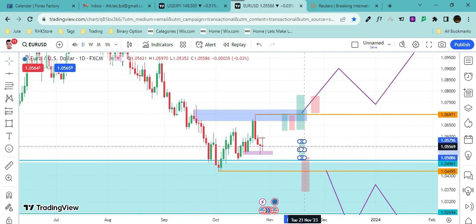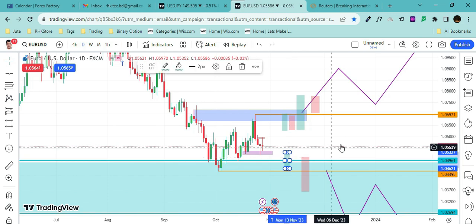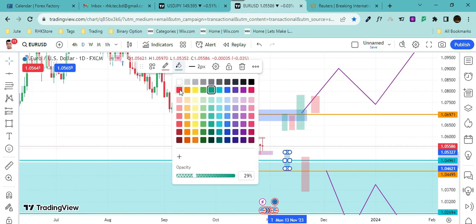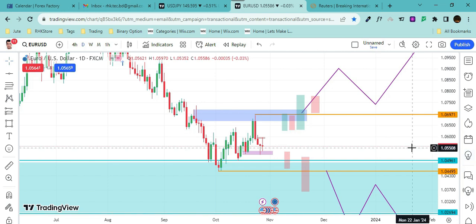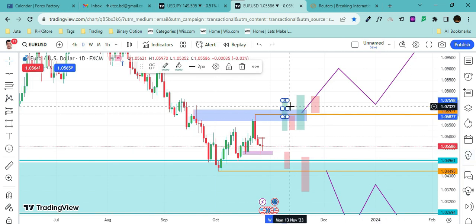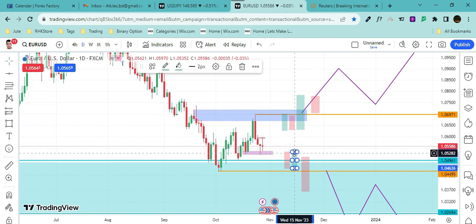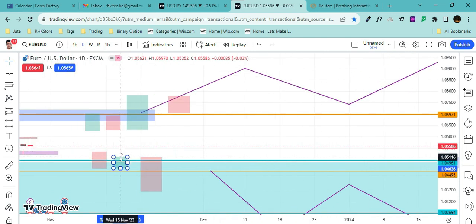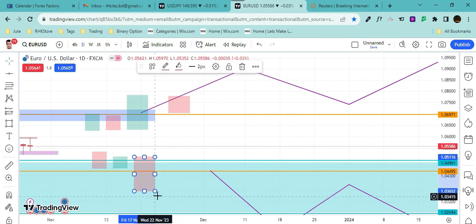Now, if we bring it here, it will form a red. So let's make it red, and then we get a green here, and this green must be less than the red, and then we have a breakdown red here, then we can take the sell.